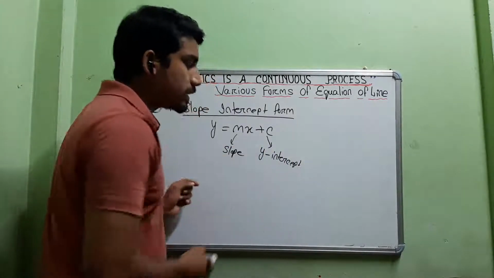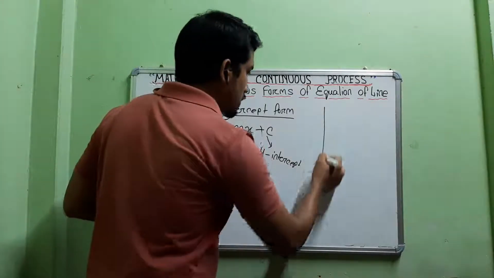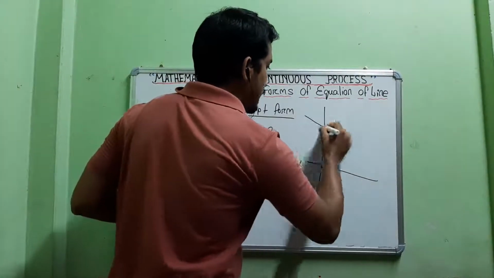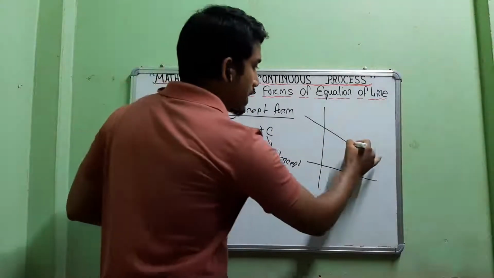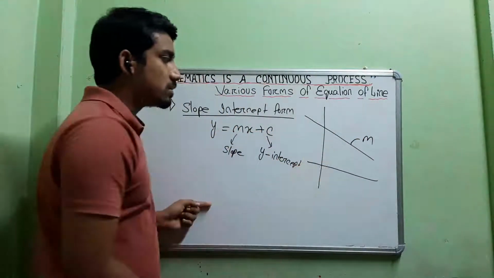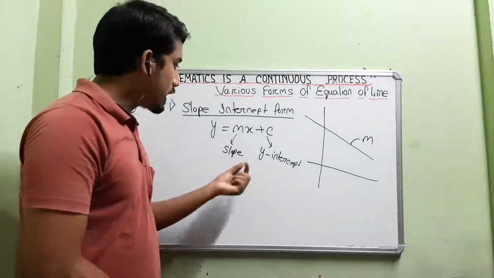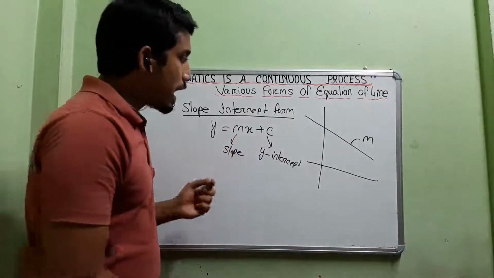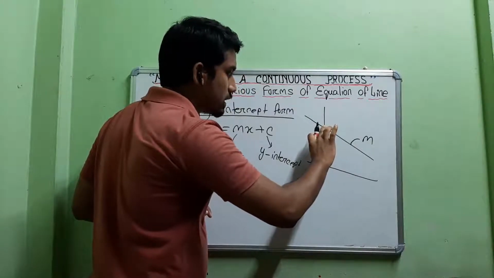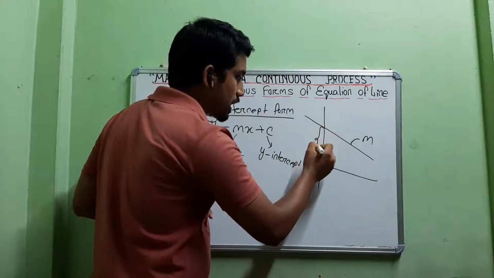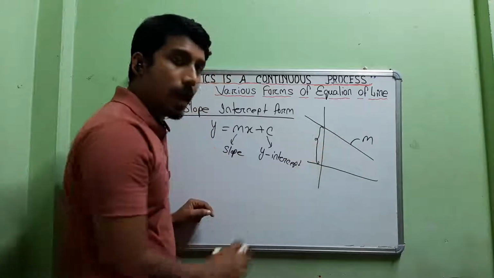Now what is the y-intercept? I am making you understand. Suppose one straight line is passing like this. This straight line will have some slope, that slope is your m. And the straight line is cutting some portion from the y-axis.